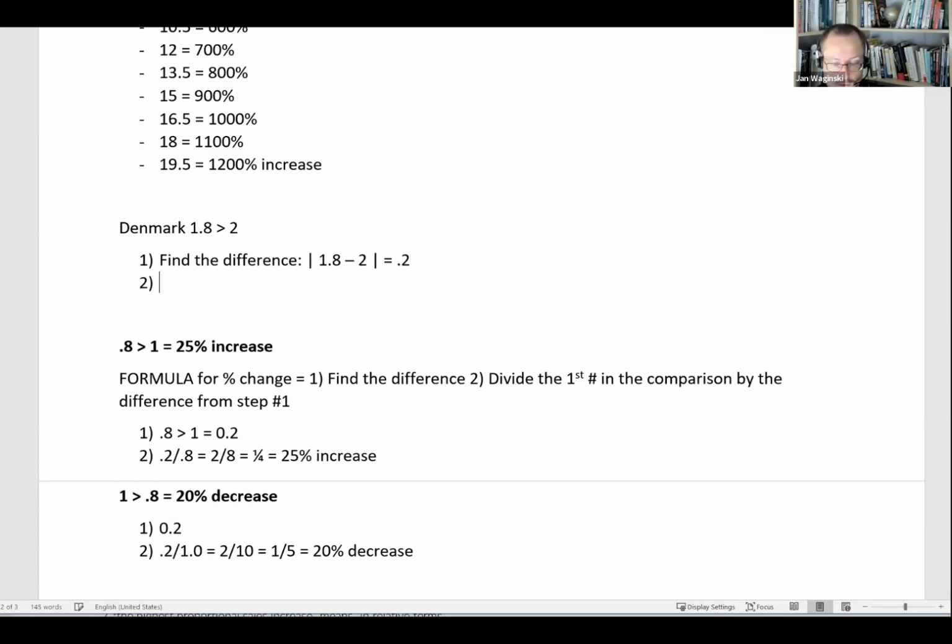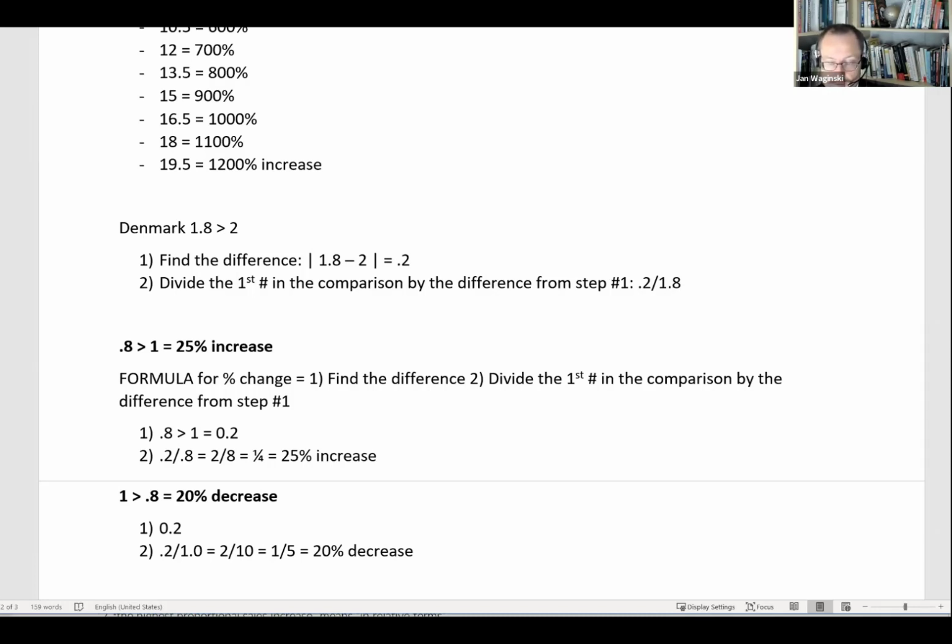Then step 2, divide the first number in the comparison by the difference from step 1. What's the first number in our comparison? 1.8. Yeah, so we've got 0.2 over 1.8.